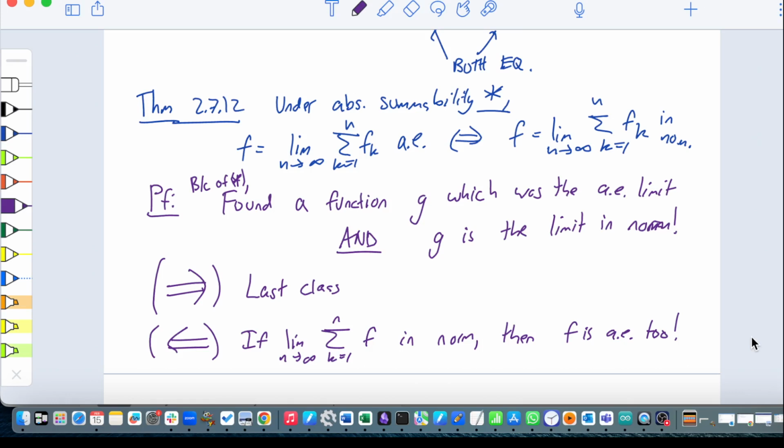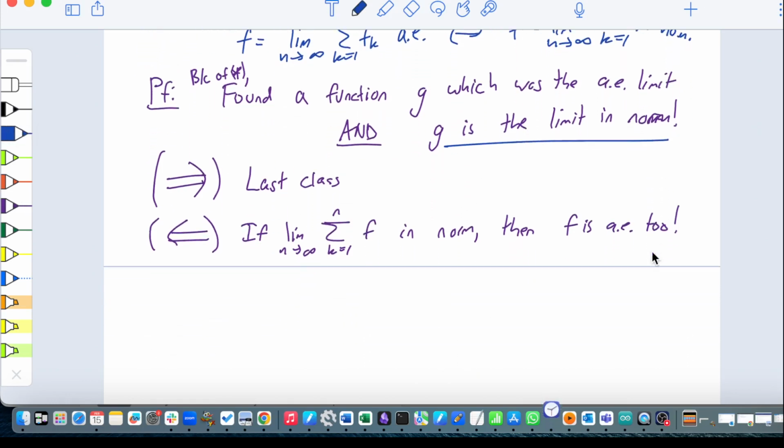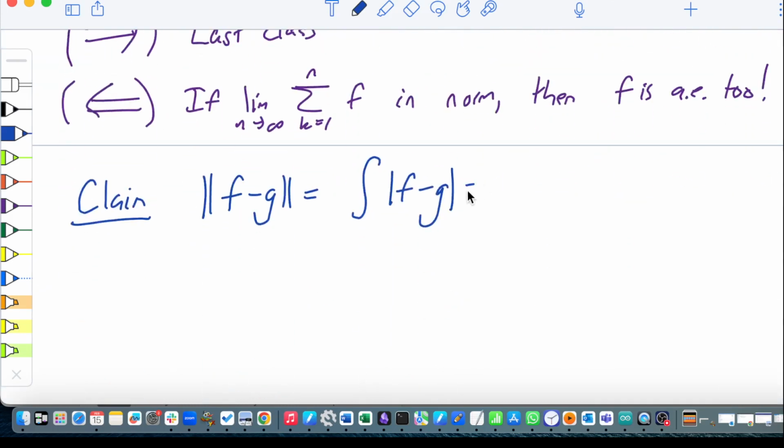Okay, so the first claim, f is the limit in norm. g was also the limit in norm. And I claim that the L1 distance between f and g, also known as the integral of |f minus g|, I claim that this equals 0. Why? Proof.